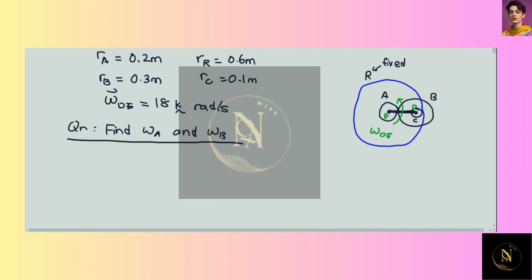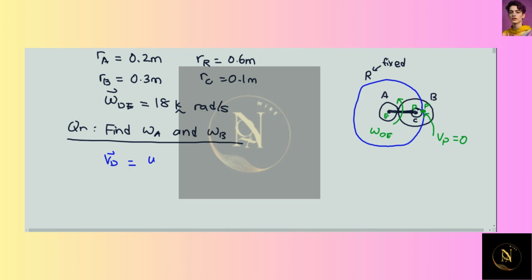First, because the ring gear is fixed, I'm going to look at this point. This point is going to be point P, and VP is going to be 0. Because of the rotation of link DE, we can first find VD.